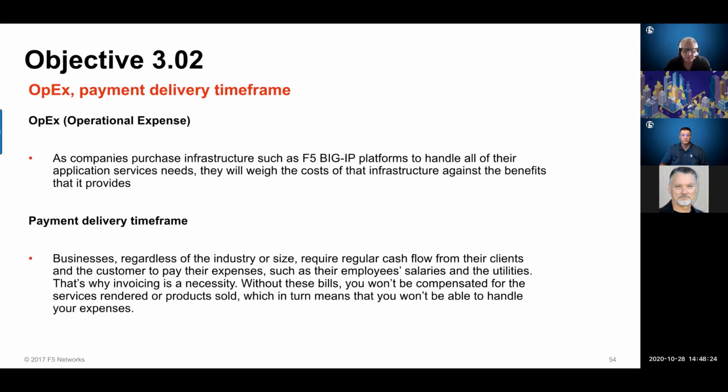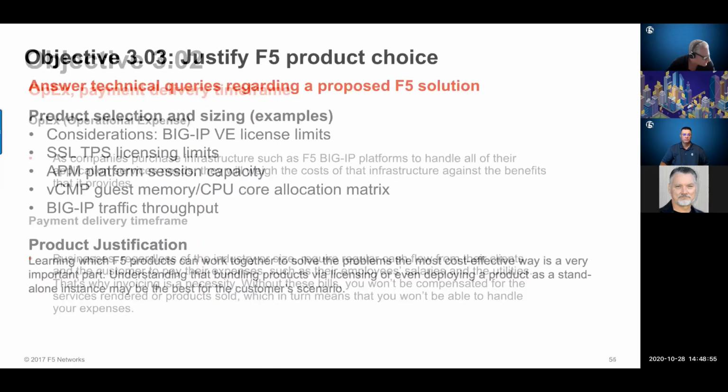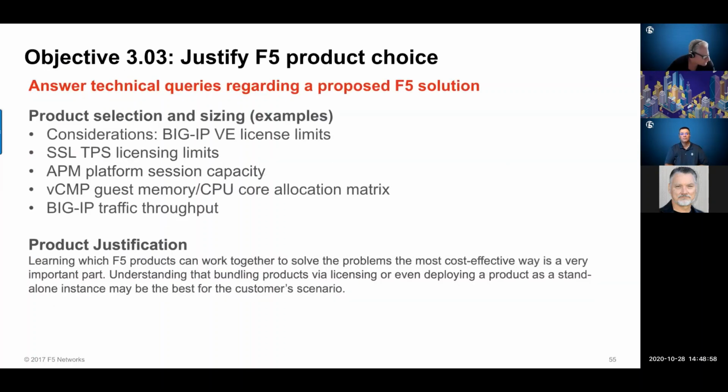And I believe, you guys will have to correct me if I'm wrong, but we had ELAs and subscription services when we wrote this the first time. If they're interested in OpEx rather than CapEx, that's when you could talk about subscription services, where they subscribe to X number of VEs and can increase that if they need to, or enterprise licensing agreements, which at this time were VE only, although we do have what we call hybrid ELA now, where they can do enterprise licensing for both hardware and software.